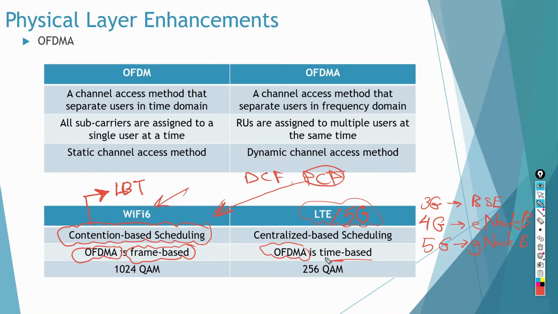Then the base station assigns you, one time, the frequency resources that you are going to use for the lifetime of this session. Whereas in Wi-Fi, it is done on a per frame basis.